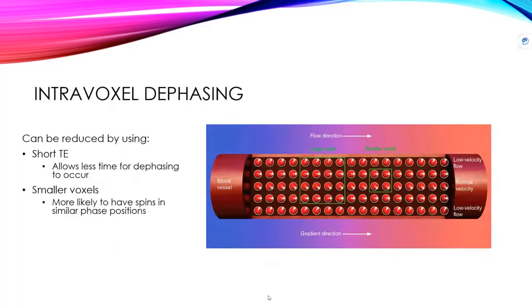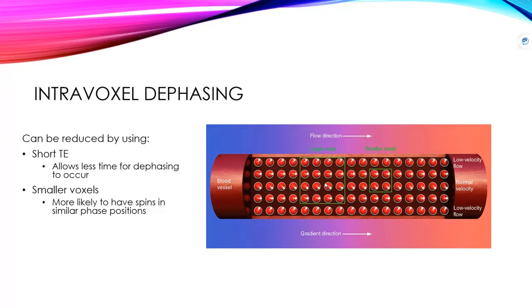So let's look at this image right here. You have a large voxel and a small voxel. Notice that in the small voxel, two spins are in the same phase, and two spins are kind of sort of in the same phase, but not quite. They're close enough to each other that you can get a pretty decent signal from all four of them. In this box, you have them going in all sorts of directions.